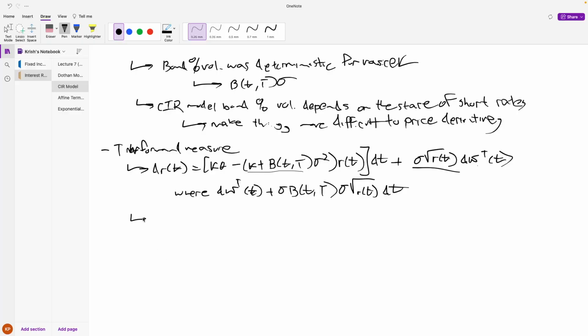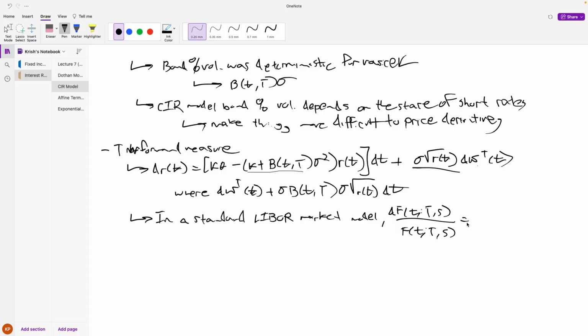The thing I want to show though is that in a standard Libor market model, okay, in a standard Libor market model, we have a log normal distribution, right? We saw this in, I think it was lecture 2 or 3. Right?